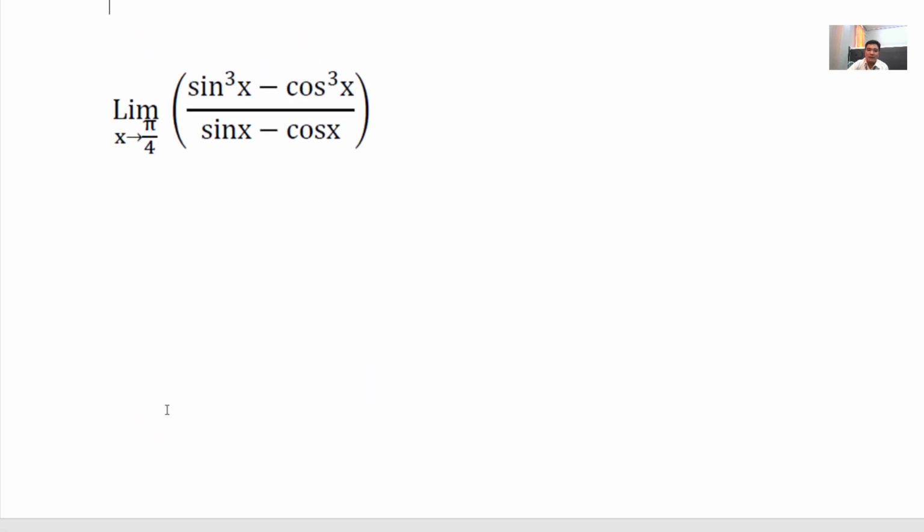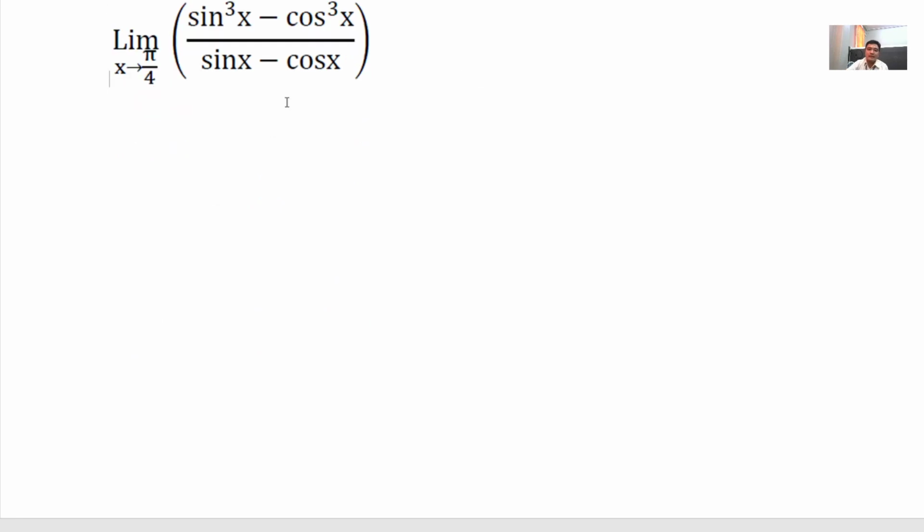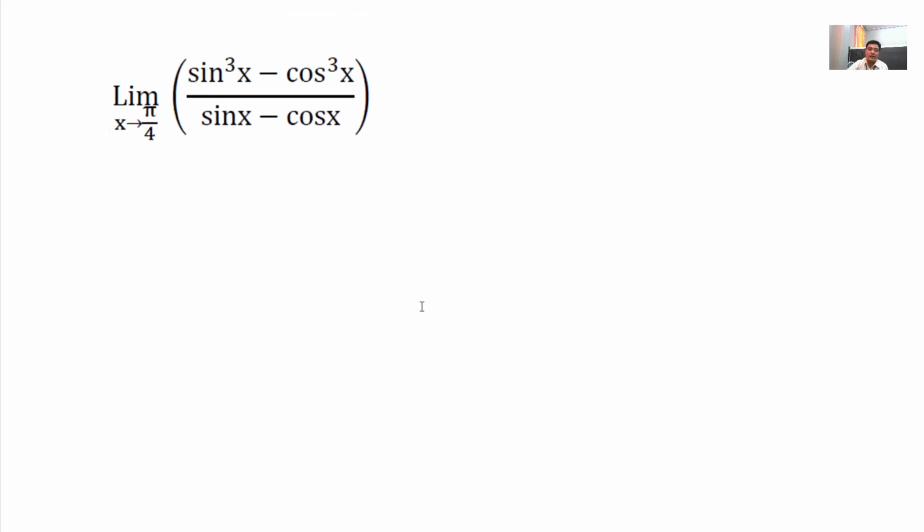And last problem, ito madali lang to. That is sine cube x minus cosine cube x all over sine x minus cosine x as x approaches pi all over 4. Itong numerator mo class, that is a difference of 2 perfect cubes. Tama? So that is sine cube minus cosine cube.